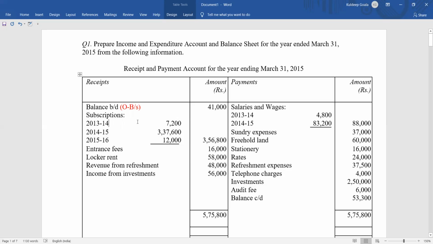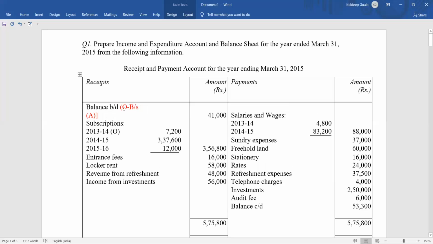Now assume that last year there is no other information being given, so this will come in the opening balance sheet, asset side. Why will it come in the asset side?